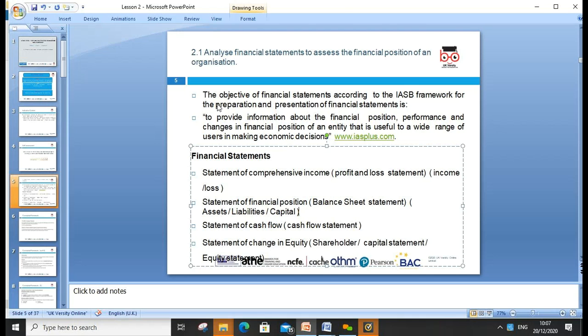Capital means investment. If you want to see the cash inflow, how much cash comes in, and outflow, how much cash goes out from the business, you can look at the cash flow. And if you want to see how many shares the company issued and how much dividend the company paid, this last statement is called the statement of changes in equity. Equity means share capital.